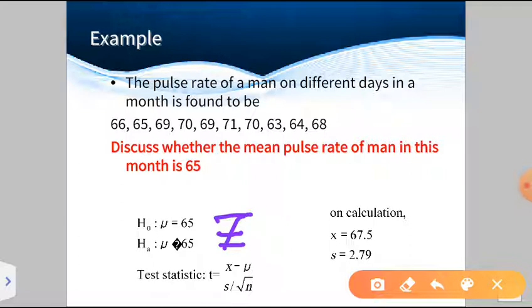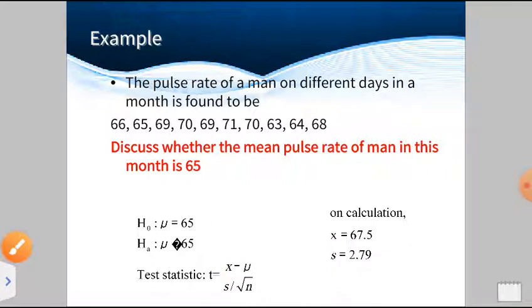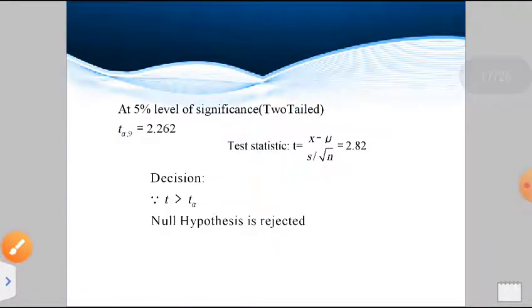Which tail test is it? A two tail test, because it is equal to and not equal to. Here I have not shown you the calculation; you can calculate it by yourself. The mean value x bar is 67.5 and s is coming as 2.79. If you calculate t from the formula, x bar minus mu divided by s by under root n, the value is coming as 2.82.